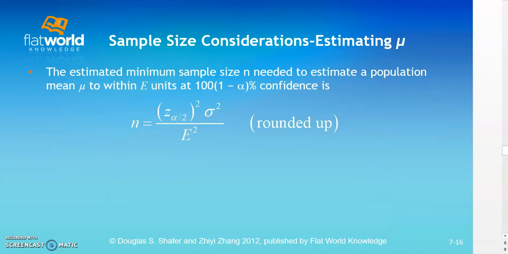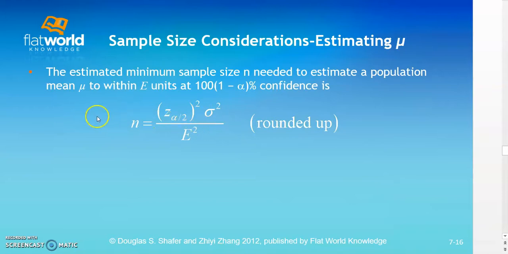So, sample size considerations for estimating a population mean: basically, within E units at 100% times 1 minus alpha confidence interval. At the end of the day, you're going to figure out the recommended sample size by multiplying z sub alpha divided by 2, all squared, times the population standard deviation squared, divided by the margin of error squared.